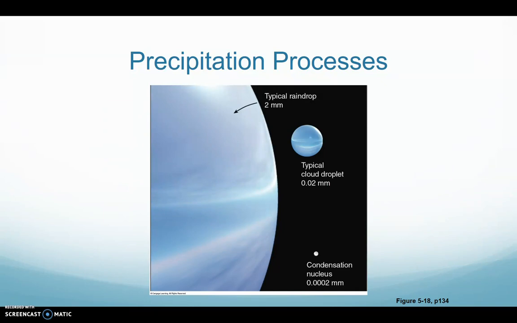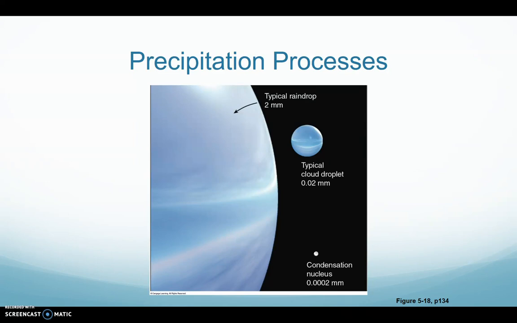Just as a matter of perspective, here is a picture showing a condensation nucleus at the bottom, 0.2 micrometers in diameter, so very, very small. And then when water starts to condense around it, you get a typical cloud droplet of about 0.02 millimeters. That's 20 micrometers. Still quite small.